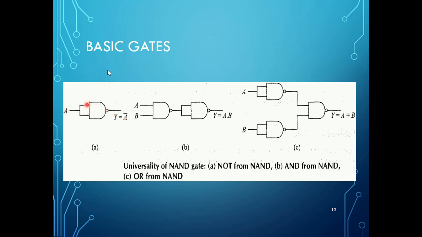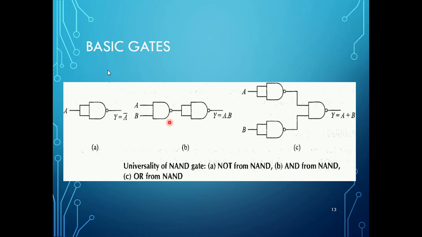So we have connected a two input NAND gate in this manner and made it a single input, and the output will be obtained over here. So Y is equal to A bar. So you have converted a NAND gate to a NOT gate.